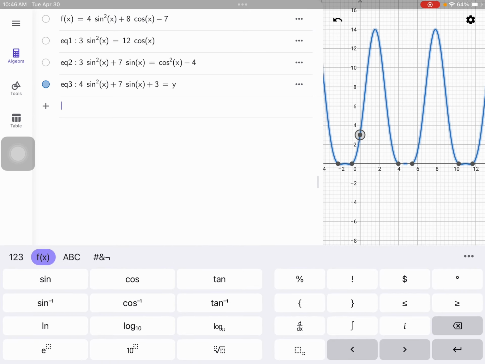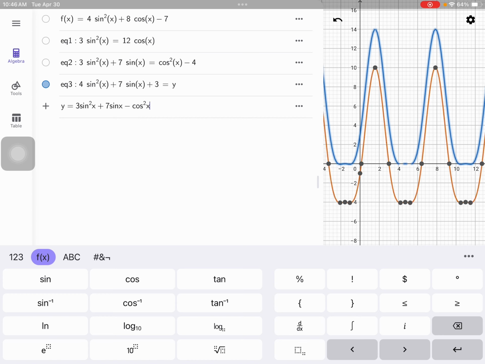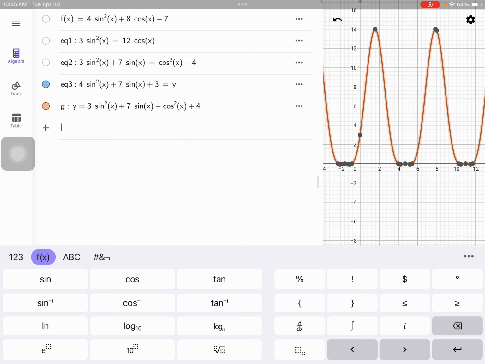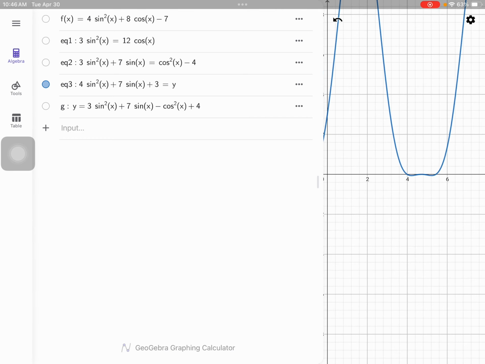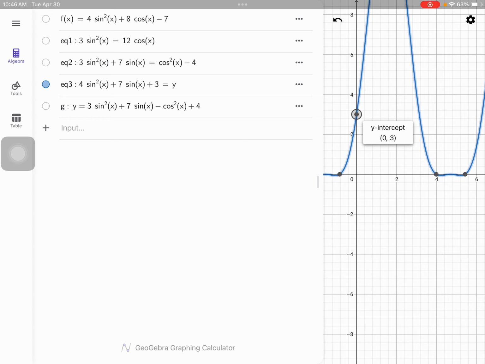Let's look at bringing over the cosine squared and the 4 from the start. Y equals 3 sine squared x plus 7 sine x minus cosine squared x plus 4. That's going to be the same thing, of course. And what are we really looking for? Y-intercept. And it's going to be this one right here.